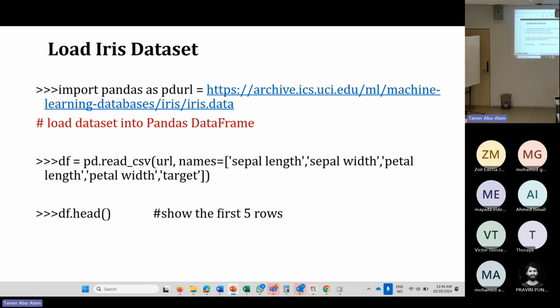This data frame is read from this data that we just brought from online. And it reads the columns that include the sepal length, the sepal width, the petal length, the petal width, and the target. So it will include these five variables: 1, 2, 3, 4, 5 variables. Okay, and then we make this df.head. Who can tell me what df.head will give us?